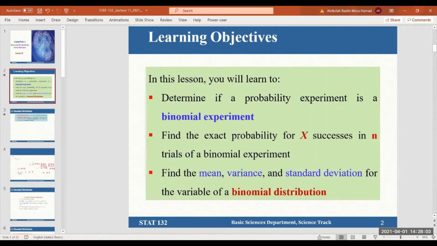Also, we will discuss how to find the mean, variance, and standard deviation for the variable of a binomial distribution. Before starting, let's see the conditions that should be satisfied in order to use the binomial distribution.